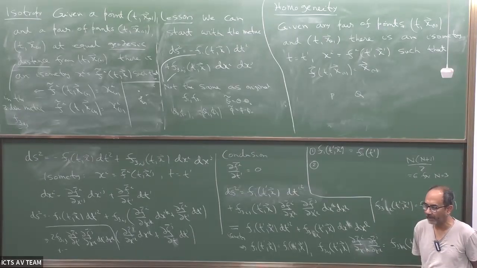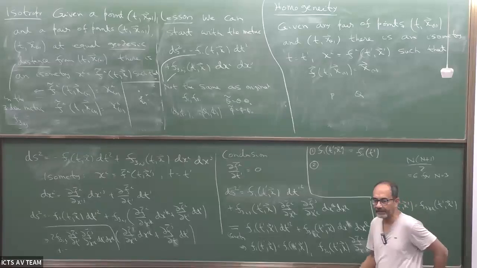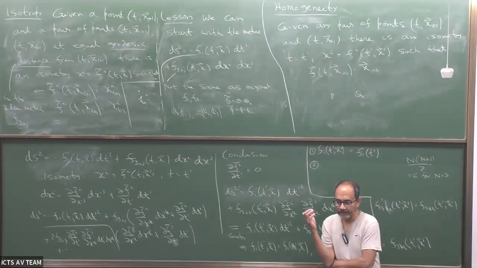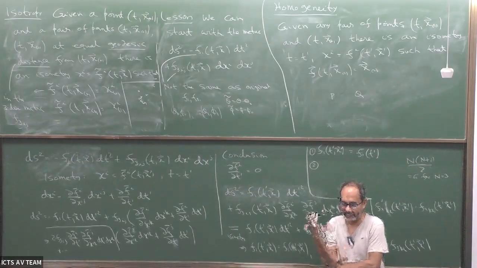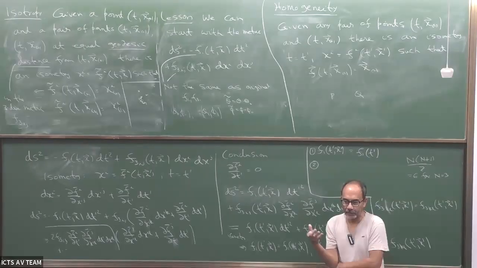So you cannot have any further symmetry of the metric. Okay, you can have further symmetry that involves time translation, you can say it's also independent of time translation. That will be further symmetry, but that's not what we have in our universe. Our universe doesn't have the time translation symmetry.